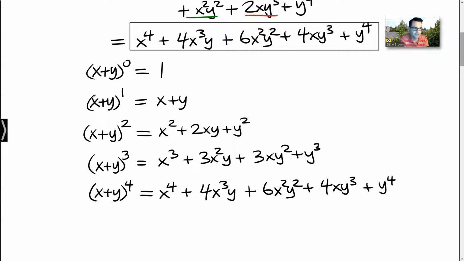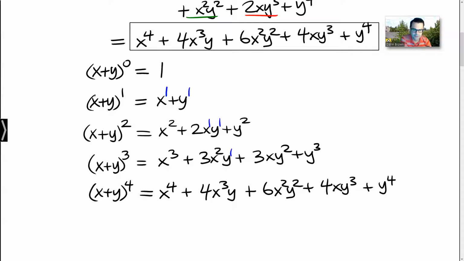Okay, so hopefully there's a few things you should have come up with. So first of all, let's add some stuff here. This is going to be helpful if I write the powers 1.